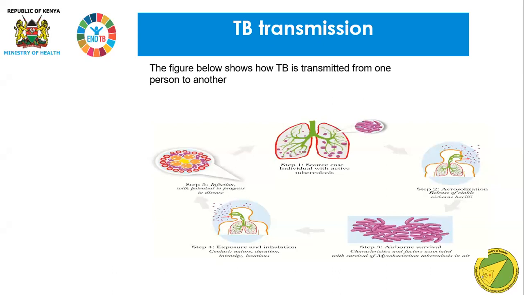However, we said that about 70 to 90% of the people who are exposed to TB bacilli might not develop TB at all, might not develop infection at all, while about 10 to 30% will develop infection, will have the infection latently. They will not show any signs and symptoms, and they can live with that infection all their life, unless other factors will help progress the latent infection to active TB.